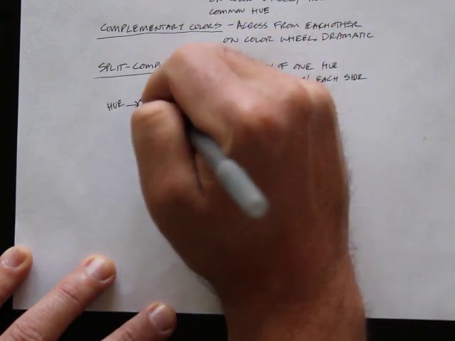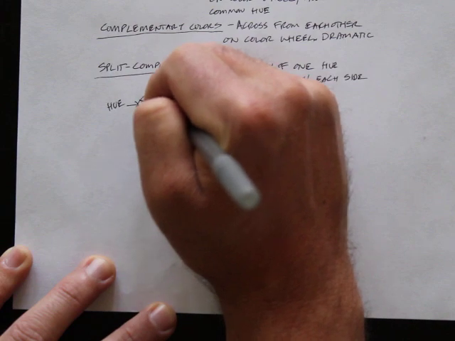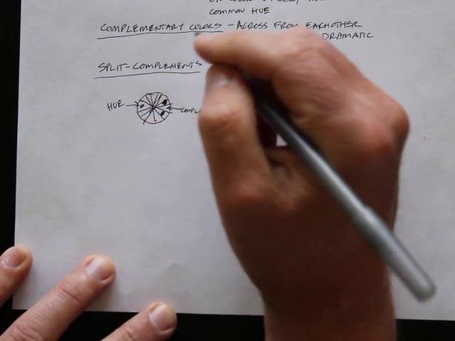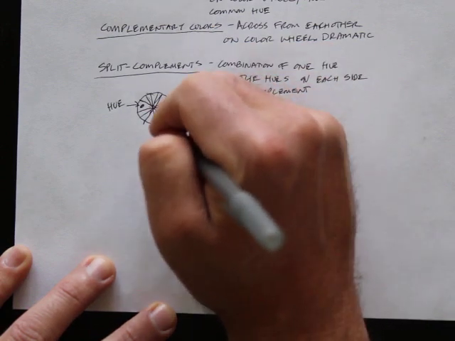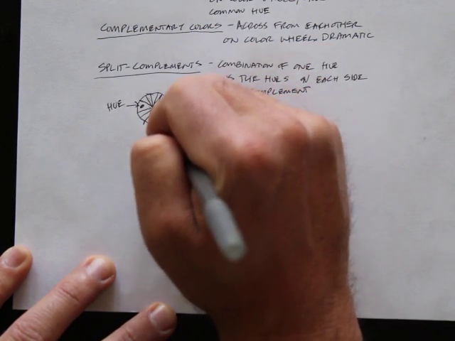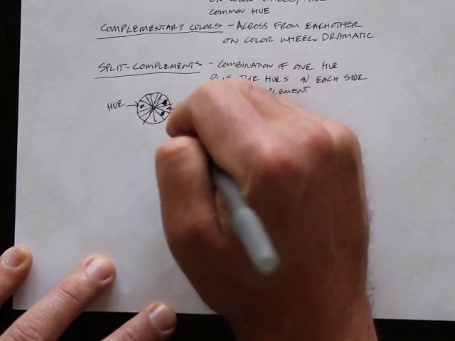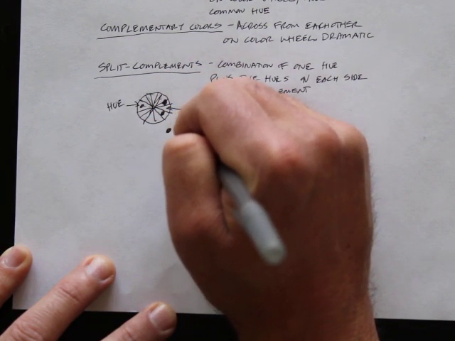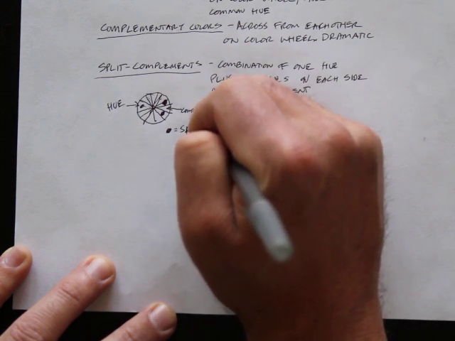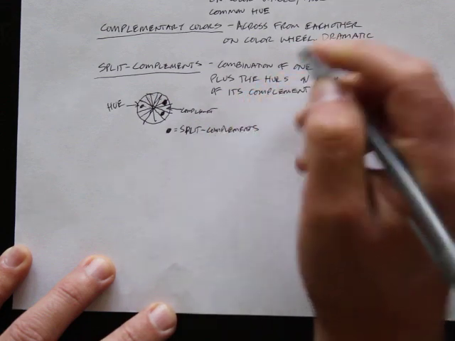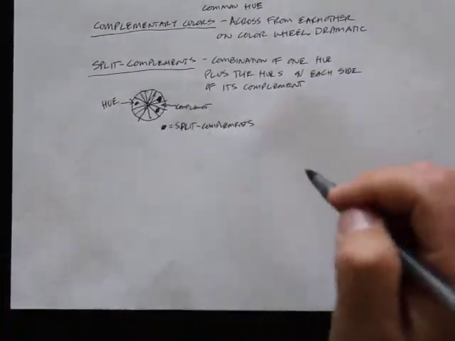Then this hue next to the complement, and this hue next to the complement, these here are the split complements. So these three dots represent split complements. A little bit messy, but I think we got the point across.